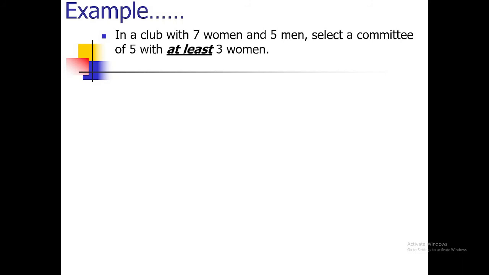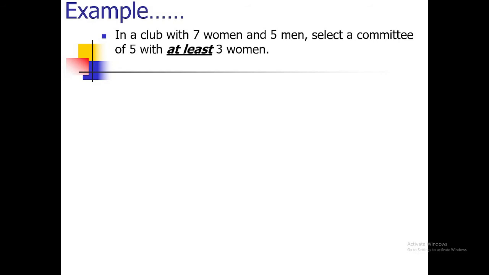At least 3 women. When I say at least 3 women, it means what? What do you mean by the word at least? Does it mean it can be 3 women, 4 women, or more?